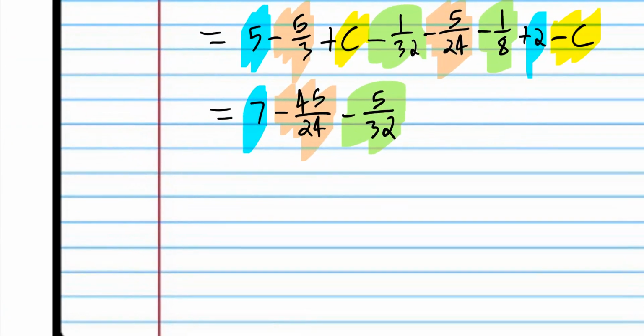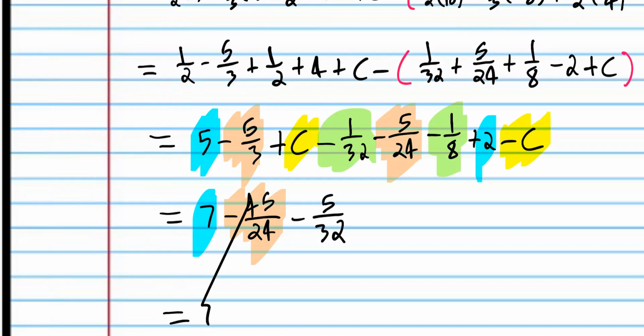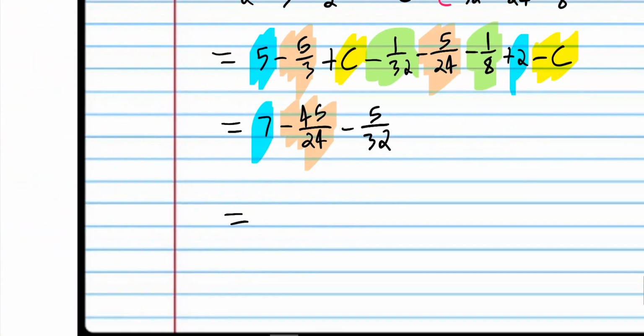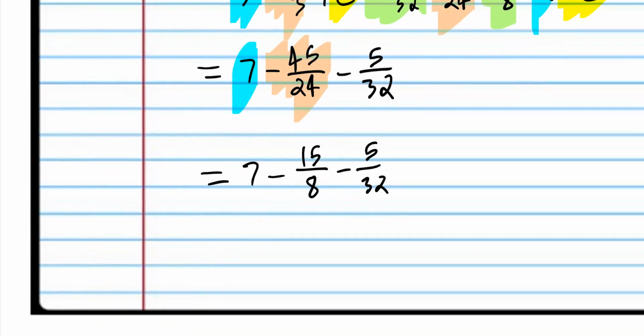And so I think we can reduce this fraction, so that's good. Divide both sides by 3 and we get 15/8. And multiply both sides by 4 and we get 60/32.